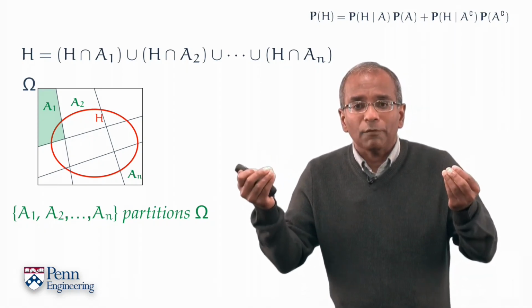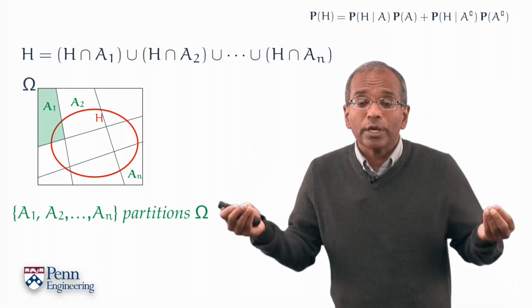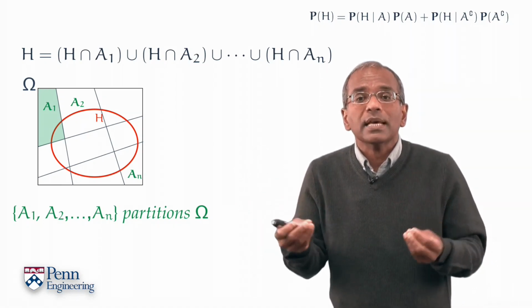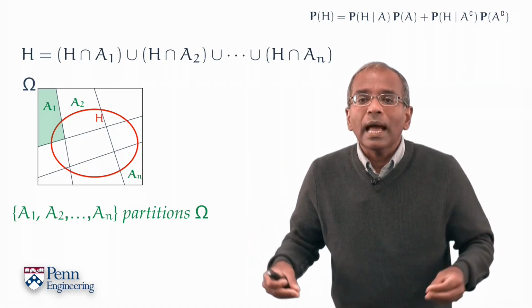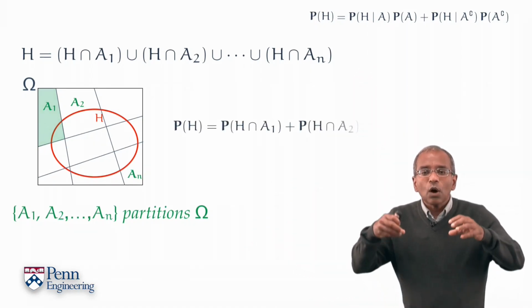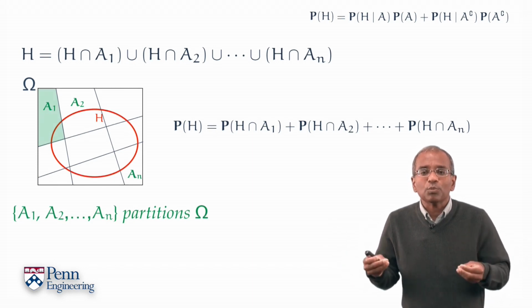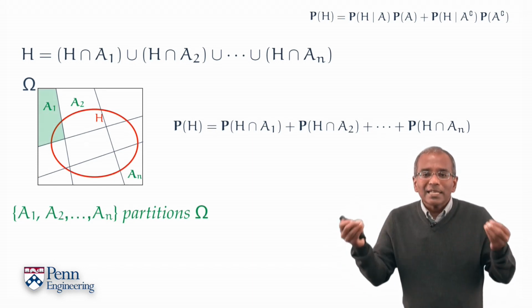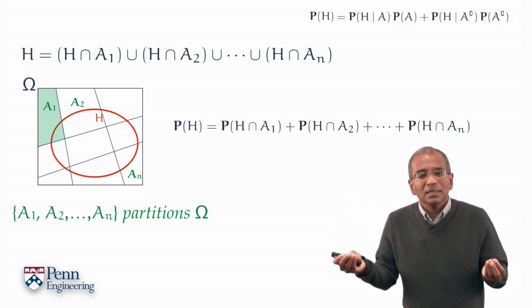The key point here, of course, is because the original sets A1 through An are disjoint, so are the pieces H intersection A1, H intersection A2, and so forth. Additivity rides to the rescue promptly, and we can now decompose the probability of H as a sum of individual probabilities. Additivity is the whole is equal to the sum of the parts.